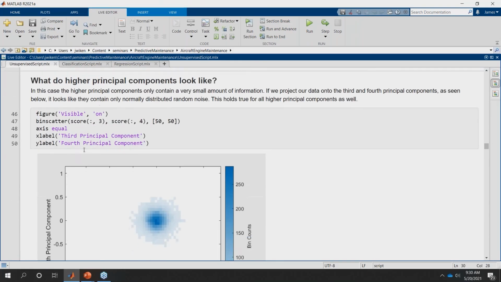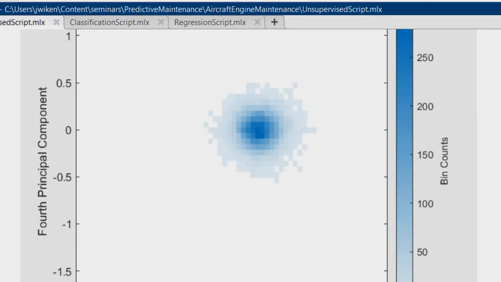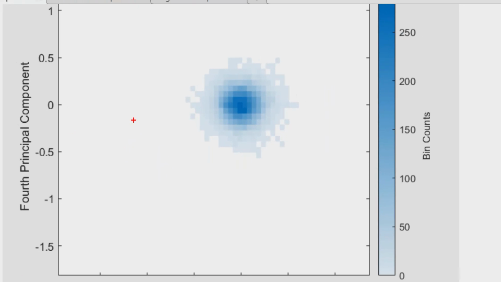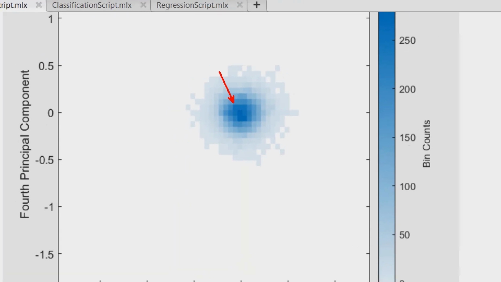Now, let's take a quick look at the third and fourth principal components. This is just a sanity check to make sure that we're not missing anything by discarding these. And we can see here, this is a zero-centered normal distribution with not much variance. So this is essentially what you'd refer to as noise, or white noise here.